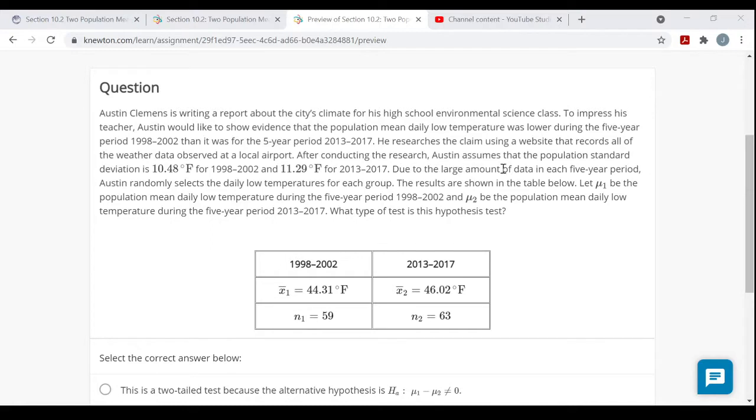All right, so due to the large amount of data in each 5-year period, Austin randomly selects the daily low temperatures for each group. The results are shown in the table below, right?